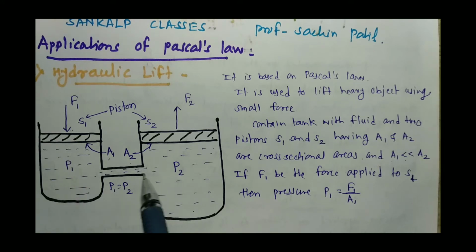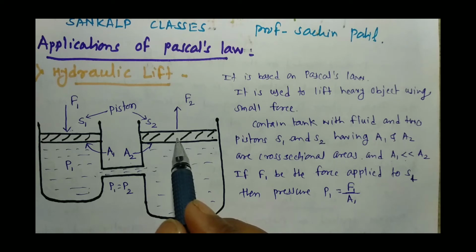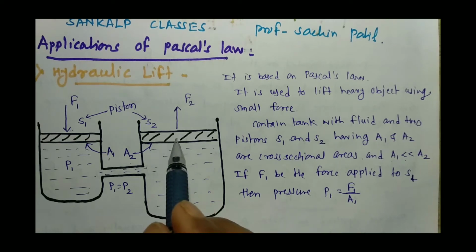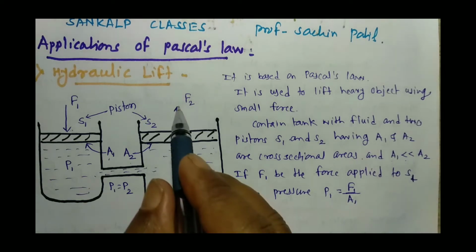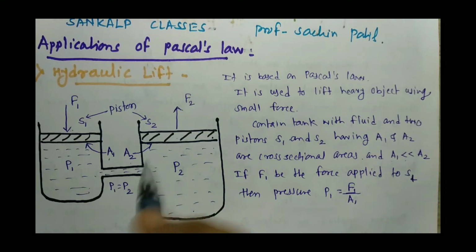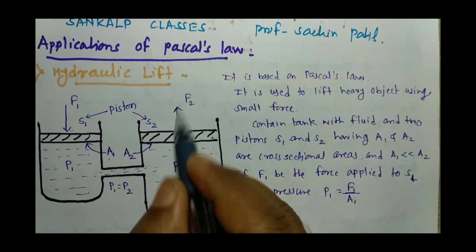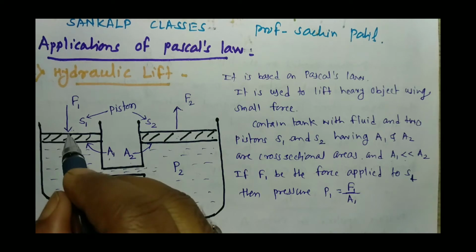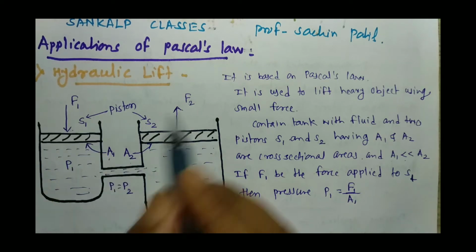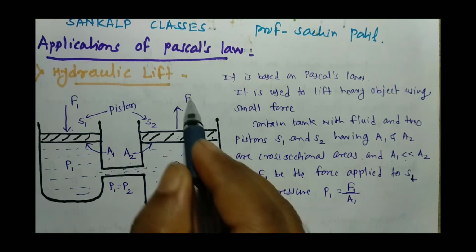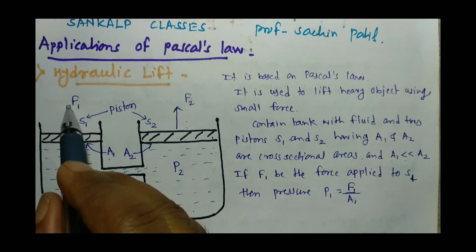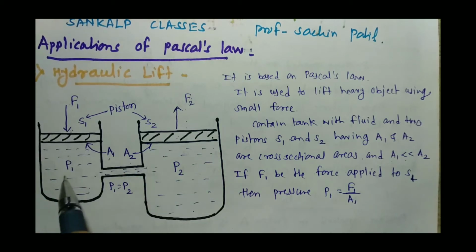According to Pascal's law, it is transmitted to the second piston, that is S2, which is moved in an outward direction. Let F2 be the force acting in the upward direction due to that downward force F1, and P1 and P2 be the pressures.